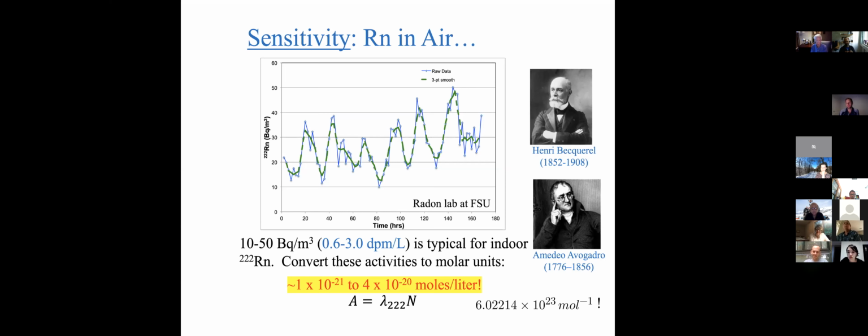I find that very interesting, and we never forget that. But the main point here is that it's really good that radon is radioactive because that's how we measure it. If you had to measure radon with a mass spectrometer, I'm not saying it's impossible, but it would be very, very challenging.